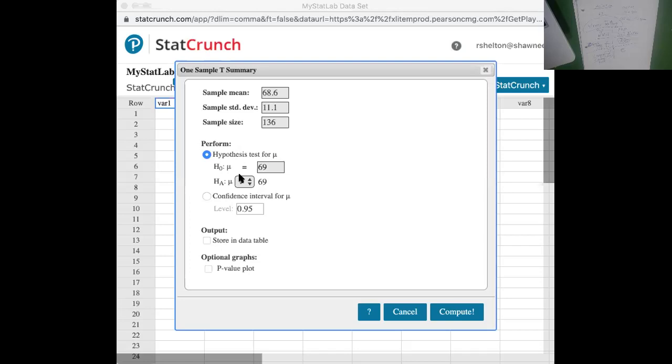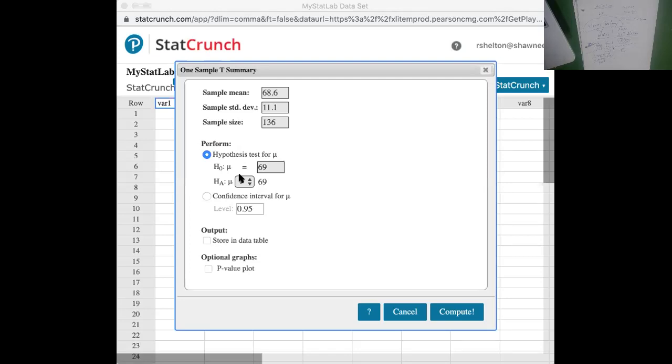Since we don't have any pre-knowledge about any of this, we're going to do the two-tailed test. We're just going to test, is it not equal to that, which means it could be way bigger than that or way smaller. In either case, we'll get a flag, right? We don't want to test, is this bigger than this, when in fact it might even be smaller than that.